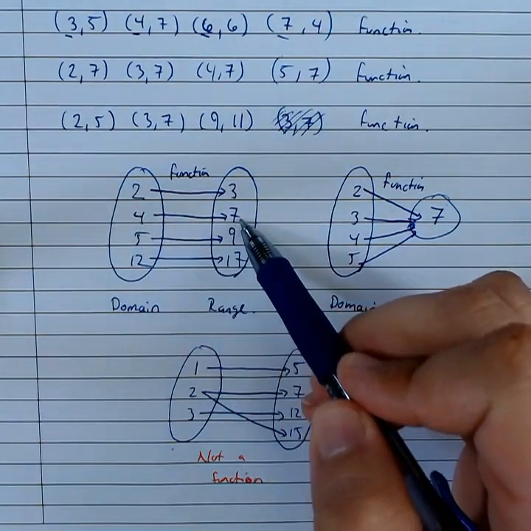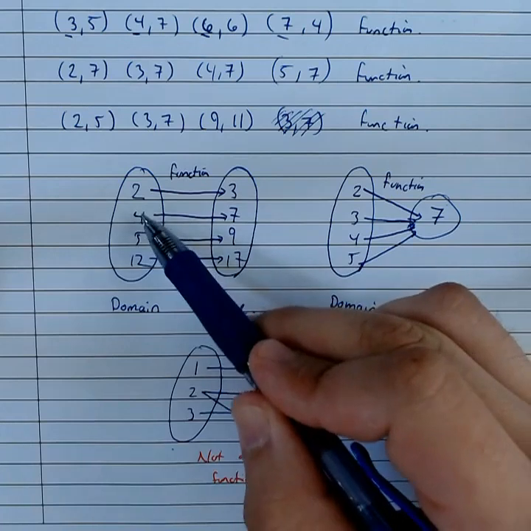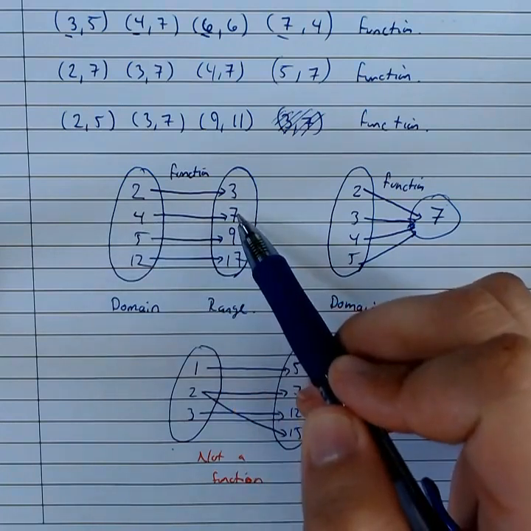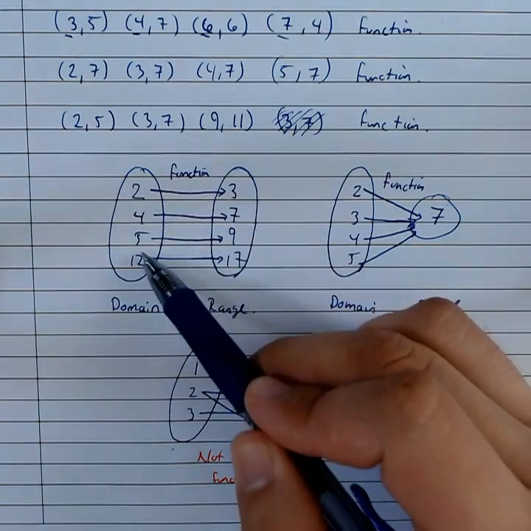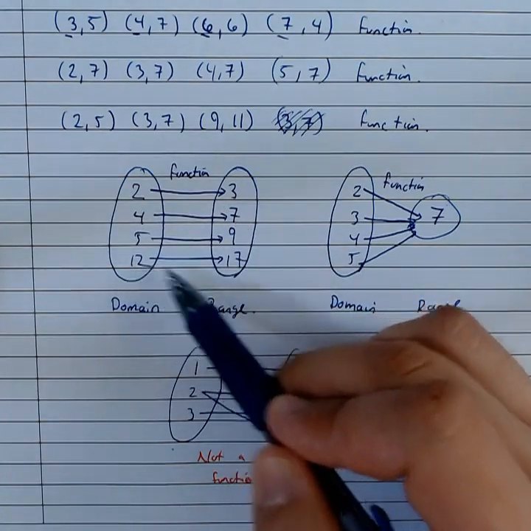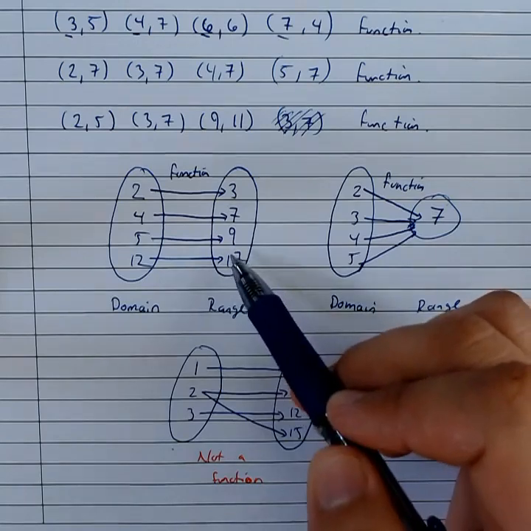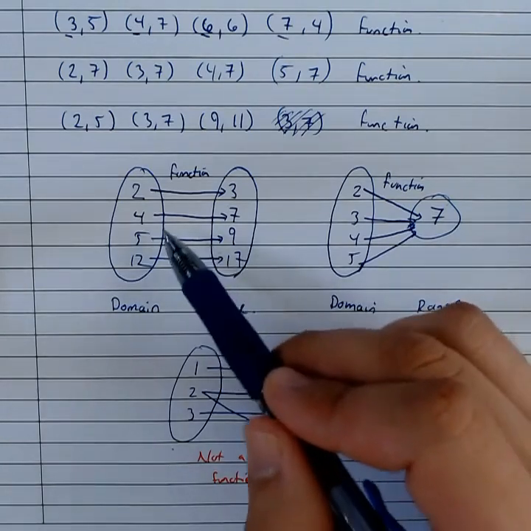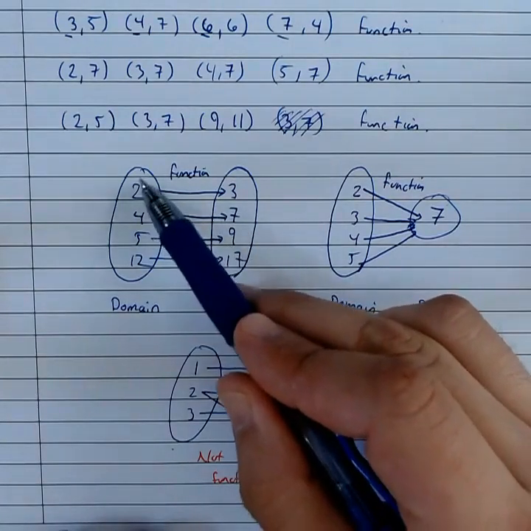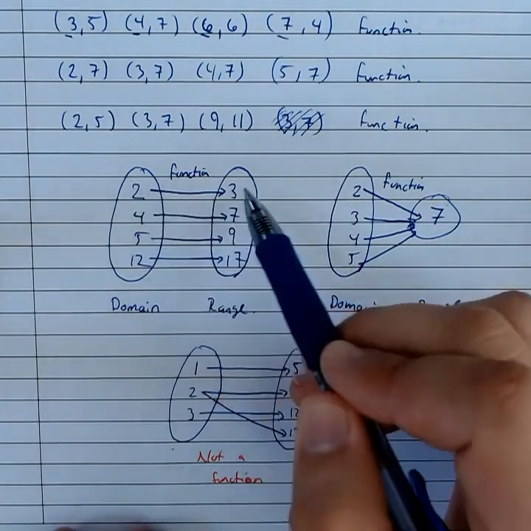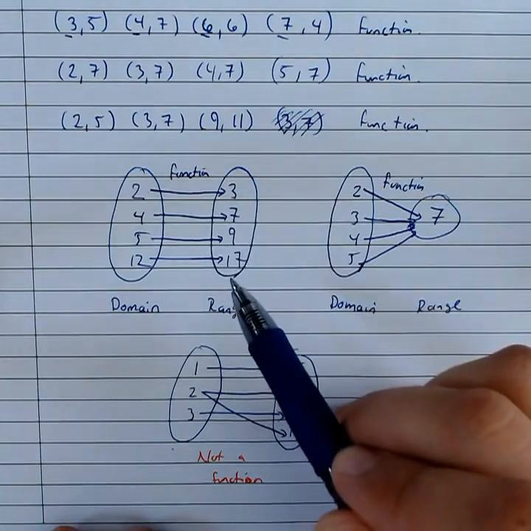If the first entry is the number 4, automatically the second entry is forced to be the number 7. Likewise here, if the first entry is the number 12, the second entry must be 17. There's no choice there. These arrows give me a relationship. Once I know what the first entry is, I automatically have to know what the second entry is.